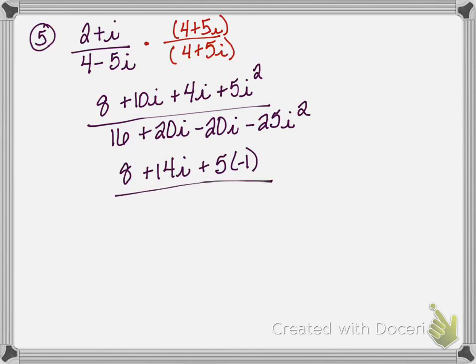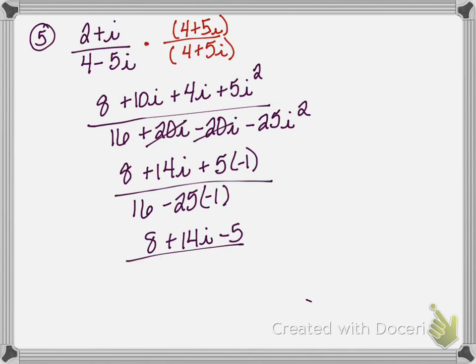What happens to my 20i and my negative 20i? Good. So I'm left with 16 minus 25 times what? Negative 1 times negative 1. Okay? So 8 plus 14i minus 5, 16 plus 25.